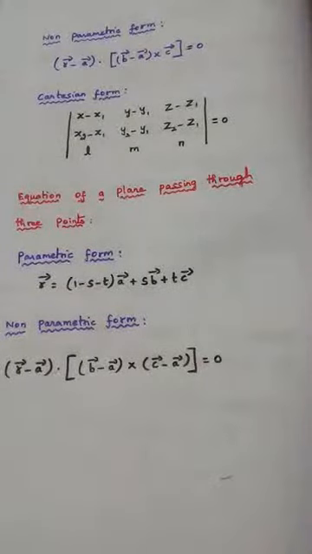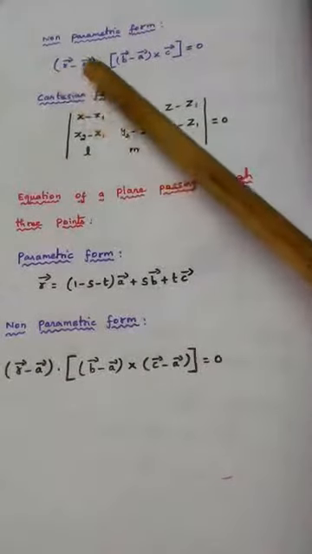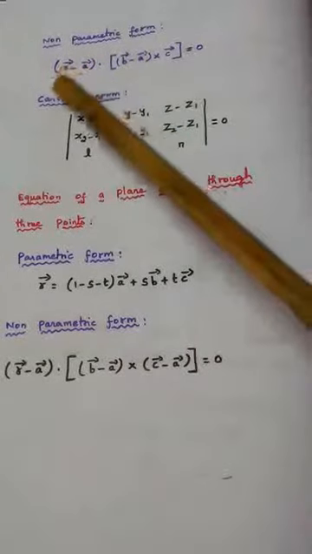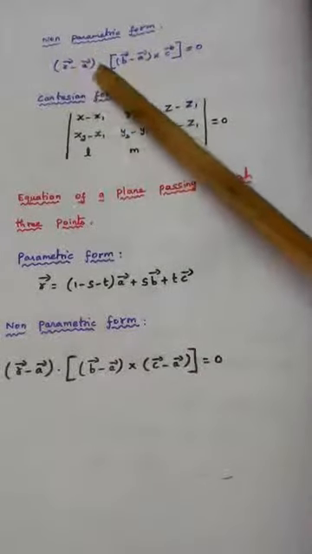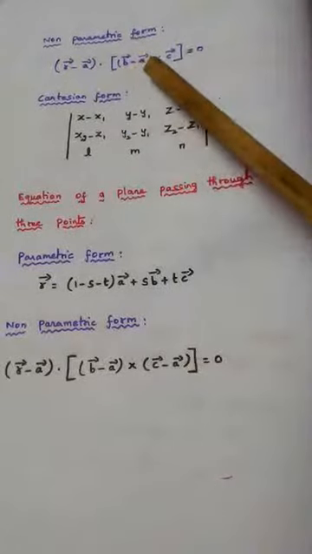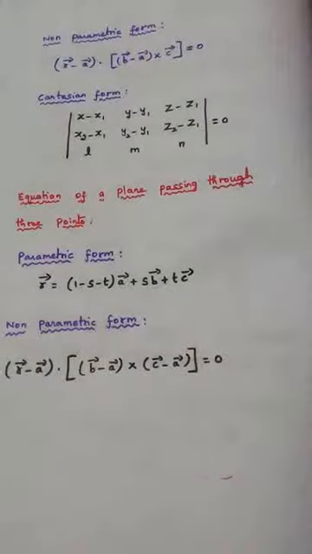The non-parametric form is given by (r vector minus a vector) dot (b vector minus a vector) cross v vector. A vector means first point, b vector is the second point.